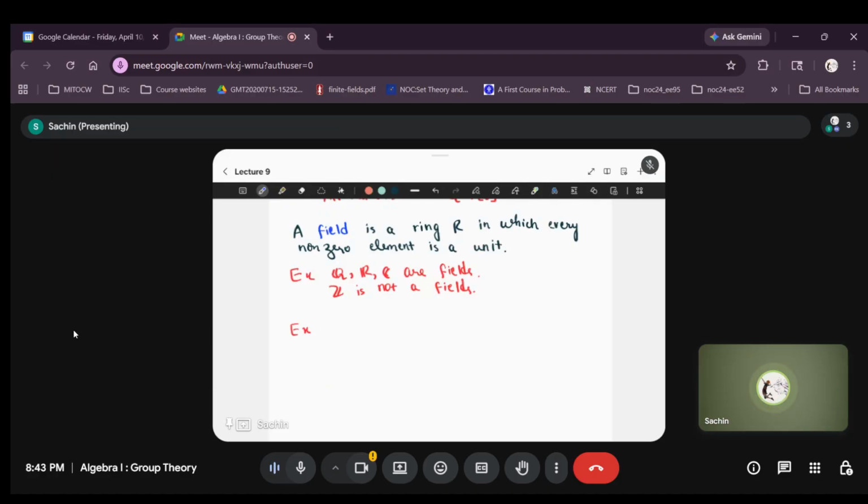Another example of this type of thing is in graphs. So suppose you have a graph with three vertices in which all the vertices are connected to each other.